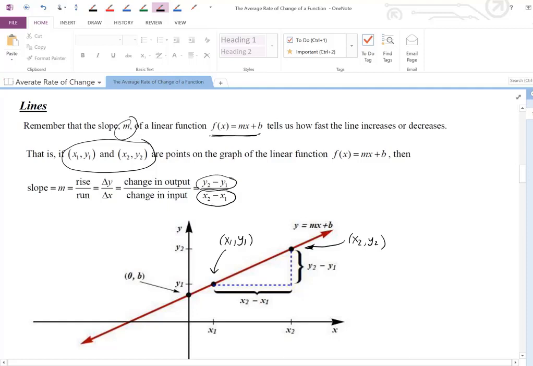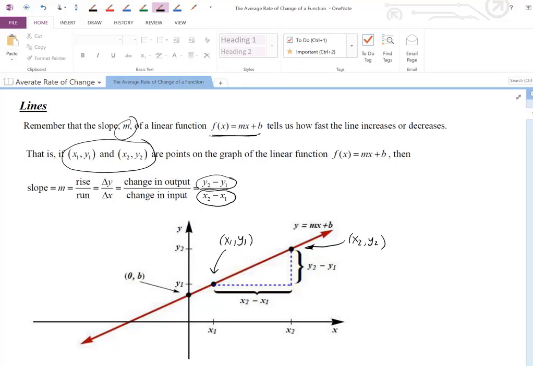Those changes are y2 minus y1 on top and x2 minus x1 on bottom. That's the corresponding vertical and horizontal changes on the interval of consideration. And you can imagine if x and y had corresponding units associated with them, then this ratio would be a rate.